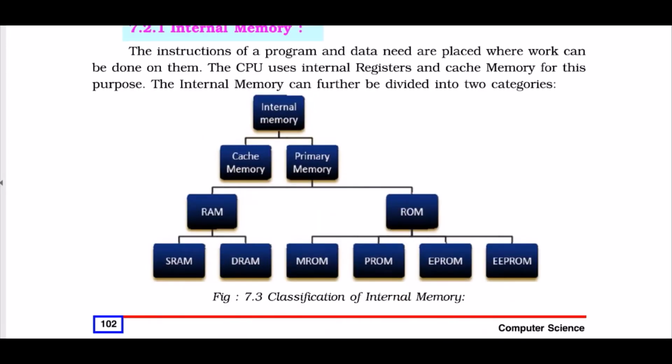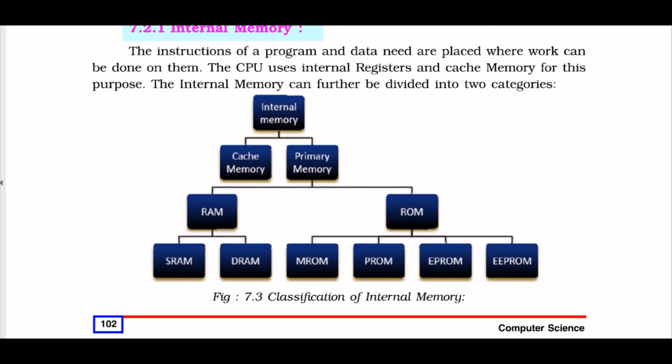The internal memory can further be divided into 2 categories: cache memory and primary memory. Now, cache memory is just temporary memory, where the data is stored temporarily. Primary memory is again divided into 2 parts: RAM and ROM.